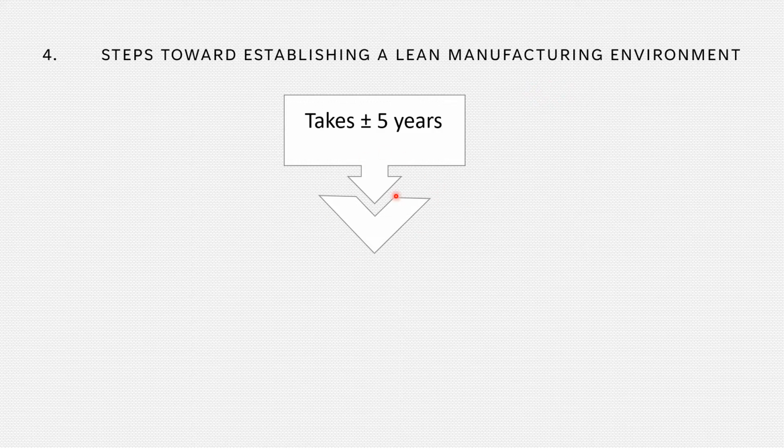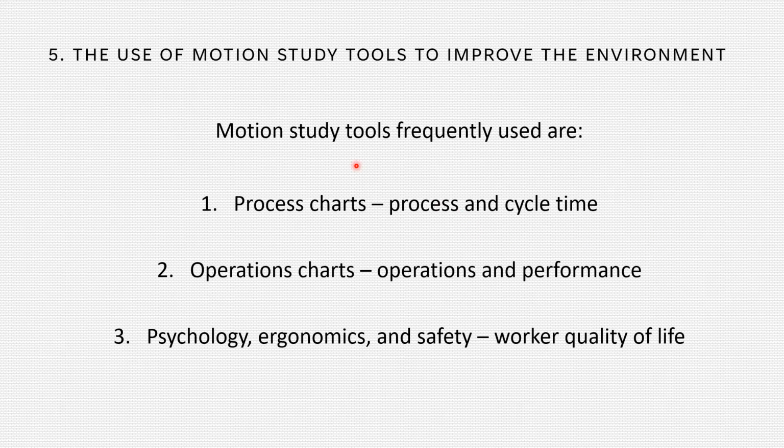So right now, everywhere they're practicing lean, from restaurants, fast food, supermarkets, and even retail. They come to know it's so effective. All right, the next one: the use of motion study tools to improve the environment.